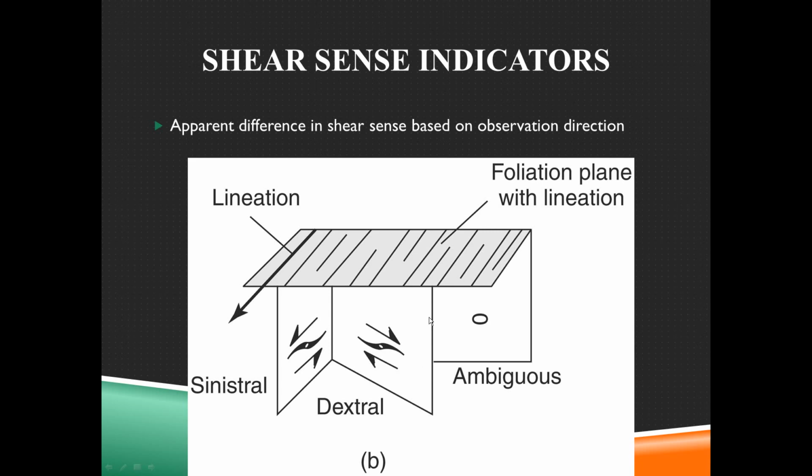So it's kind of ambiguous to talk about right lateral and left lateral when you're down inside the Earth. That's useful at the Earth's surface, but down deep inside, it's all about which way you're looking at it. So it's based on observation direction.